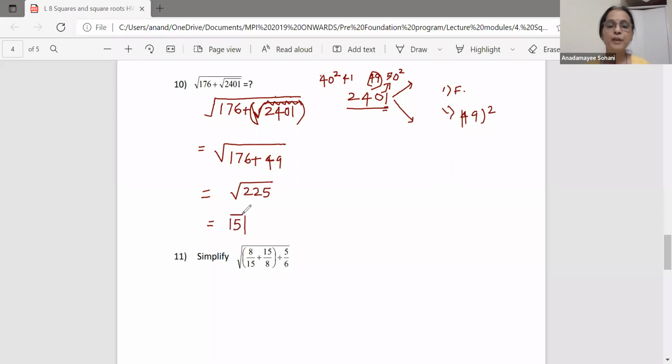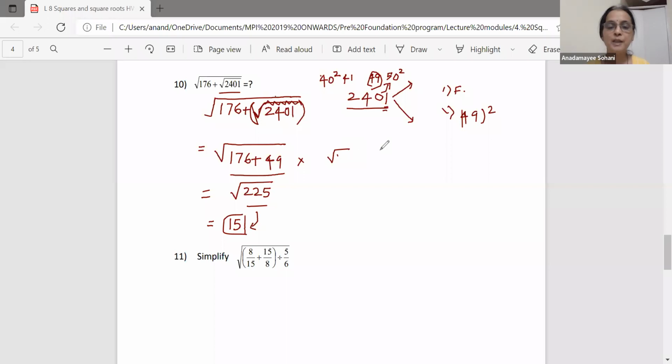So what was the middle step? I first had to find the value of root 2401, then put it back in the root sign, add this, and then find the square root of the sum. And this is not going to be equal to root of 176 plus root of 49. Try it.